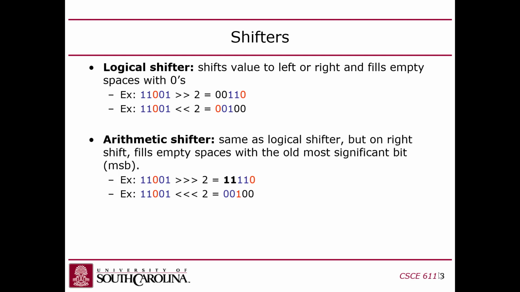You could design a shifter at a lower level in Verilog by having if statements: if bit 3 of the shift amount is set to 1, then you shift by 8 positions, and then you check the next bit, bit 2, and if it's set, you shift by 4 positions, and so on. You could create a staged shifter. In this case, though, we're just using the Verilog shift operation and hoping that we get something good.